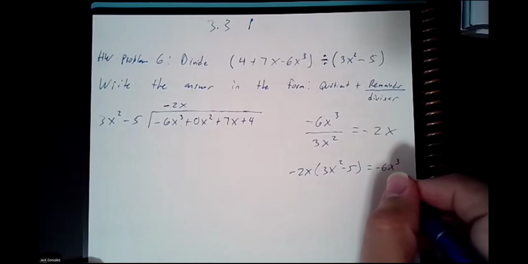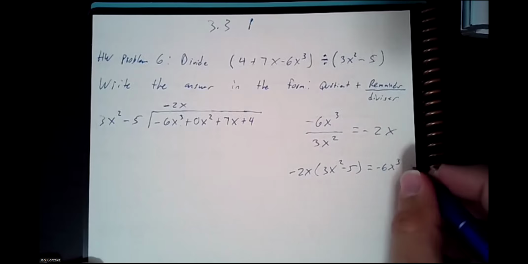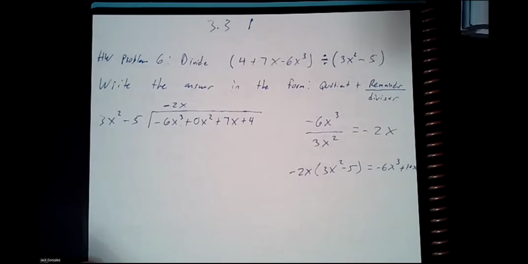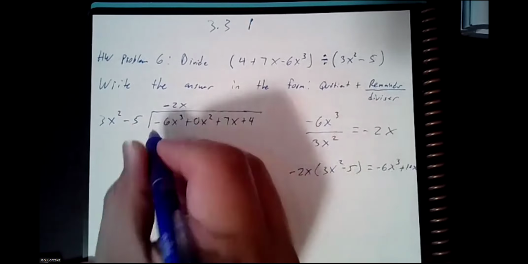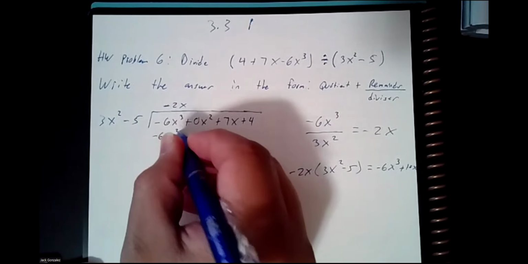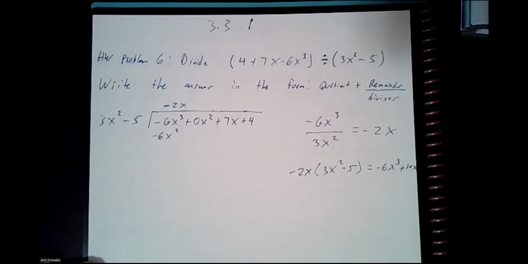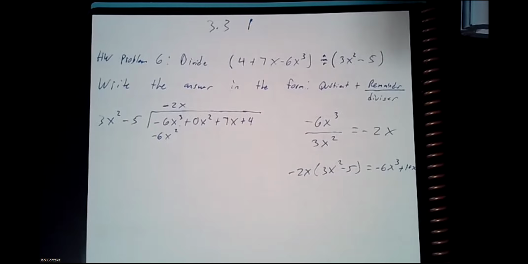That gives you negative 6x cubed plus 10x, right? I'm running out of space there. So that'll be right here, negative x cubed plus 10x.